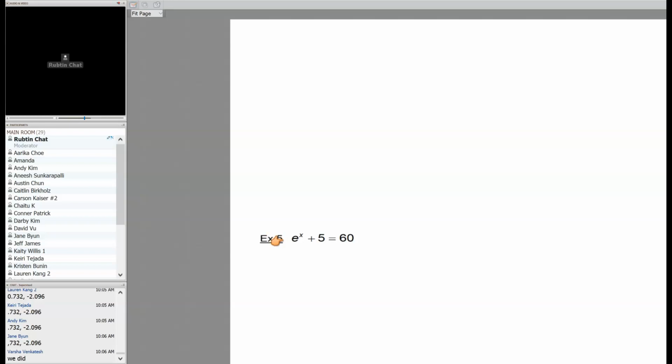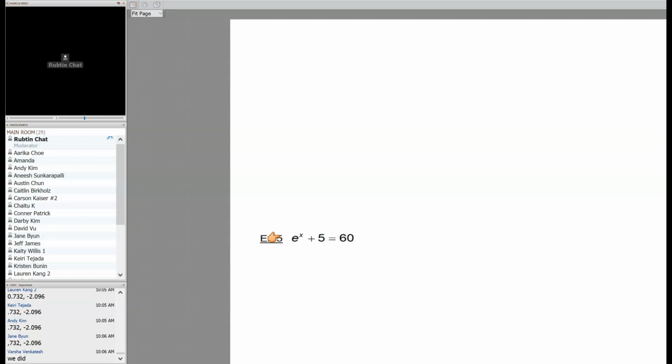Okay, if I have e to the x plus 5 equals 60, now I'm trying to solve it for x. This we didn't do because there was no way to rewrite e because it's an irrational number. But I'm going to solve it like a regular equation, and for all of these, if I need to solve for the exponent, I'm going to use the natural log.